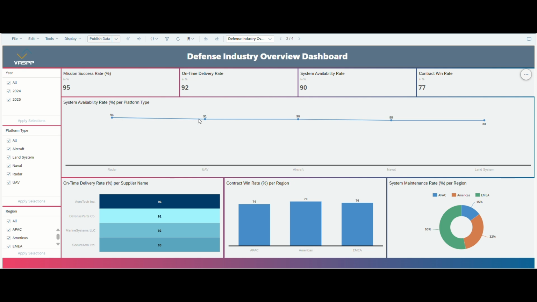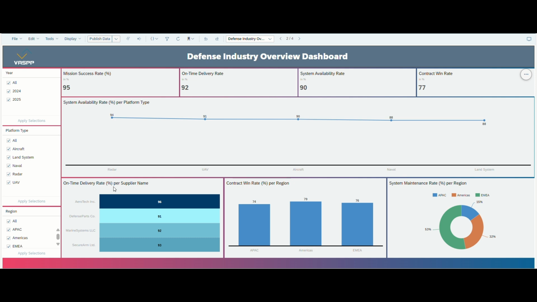Breaking this down further, system availability per platform type gives a clear picture across categories, such as aircraft, land systems, naval, radar, and UAVs. Aircraft show a slight lag at 90%, while land systems perform at 88%. Radar leads at 94%, with UAVs at 91%, pointing to marginal opportunities for improvements in certain technologies.